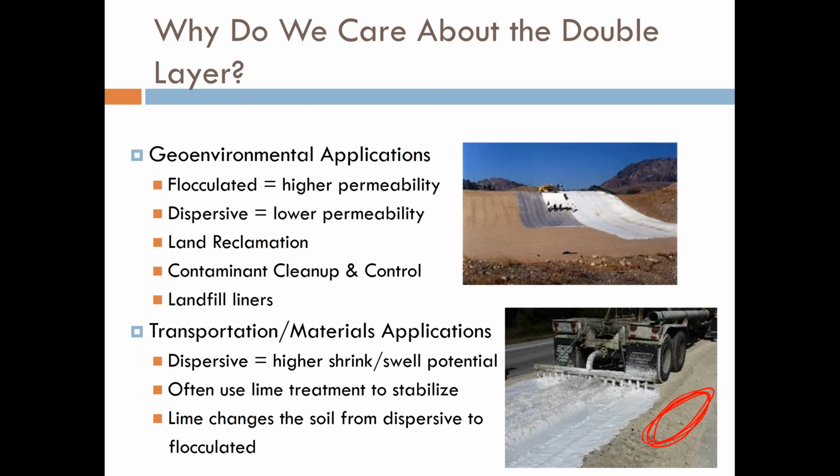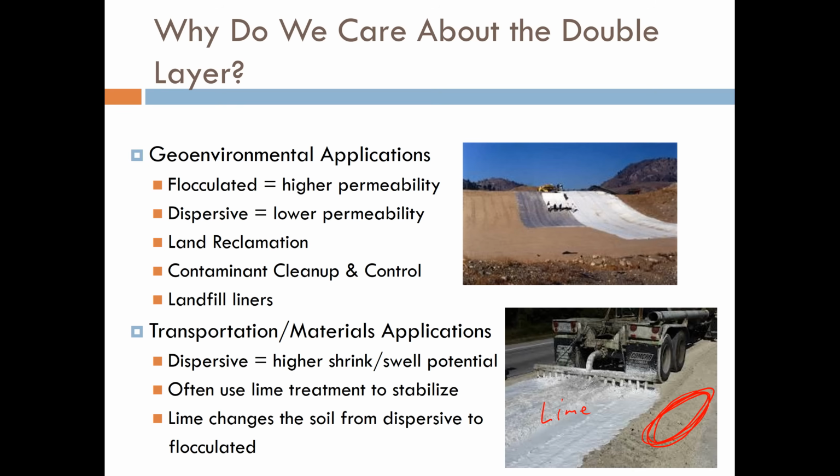So one thing that engineers do, for instance, is we add lime treatment to a lot of these types of dispersive soils, and it will change the properties of the mineralogy of the clay. It causes a swap or a transformation of the metallic ions that are in the octahedral sheets, and literally changes the mineralogy of the clay.